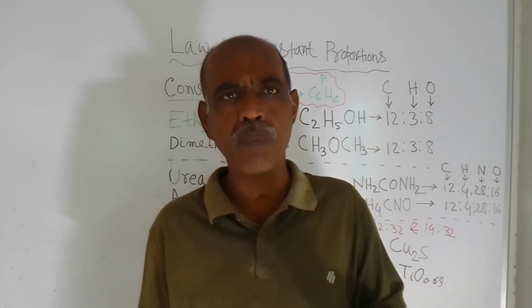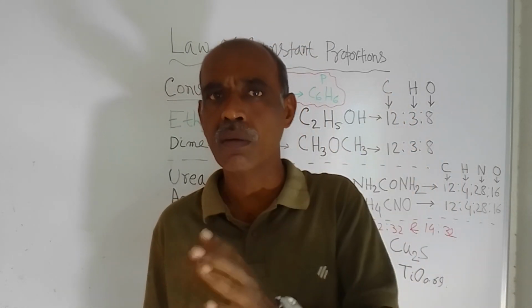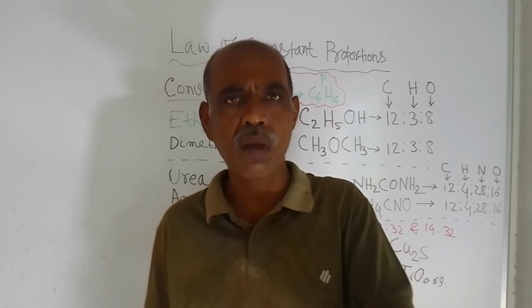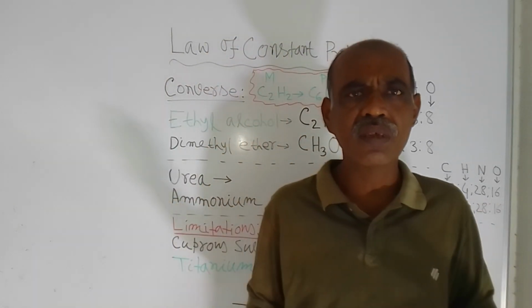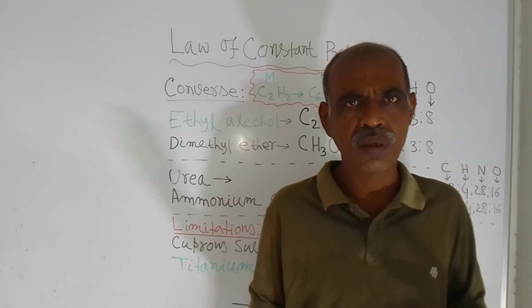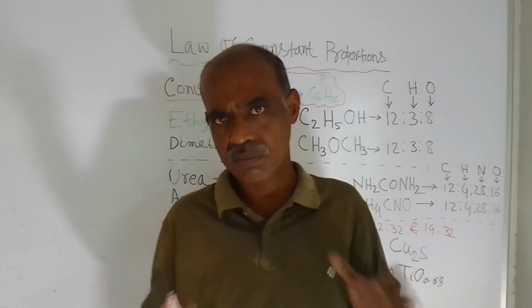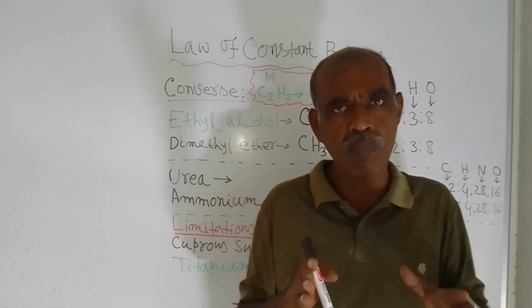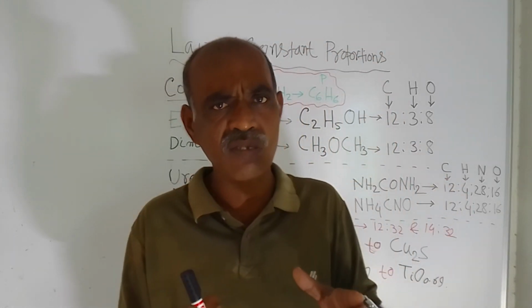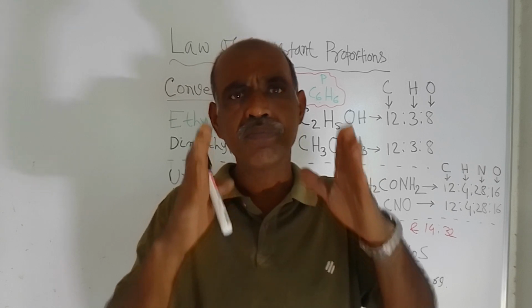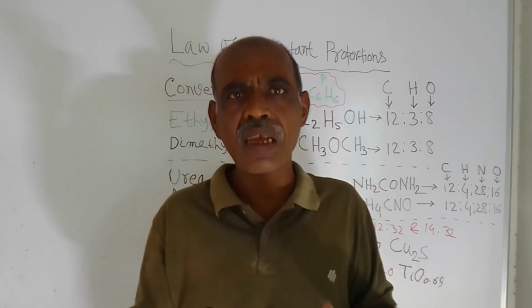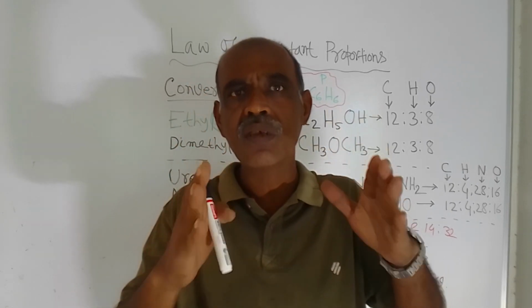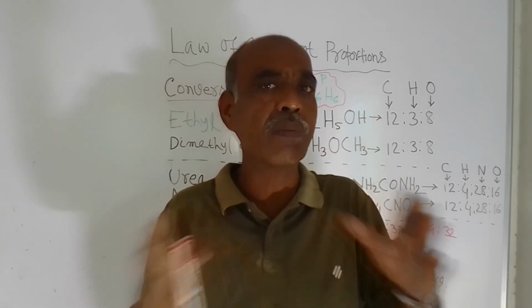A pure chemical compound always consists of the same elements. First thing is what? Same elements. A pure chemical compound always consists of same elements in the same definite or constant proportions by mass.